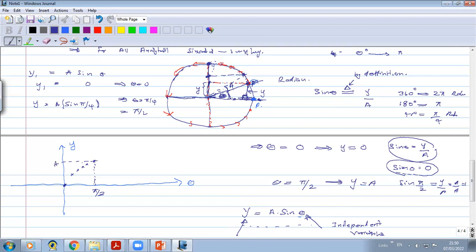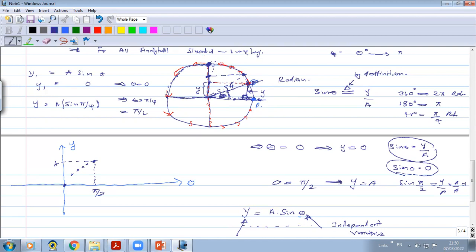Please try to understand. If you have a question, you can ask. So at π by 2, we will have this point. Then this point is further traveling here, so now this point is up here.